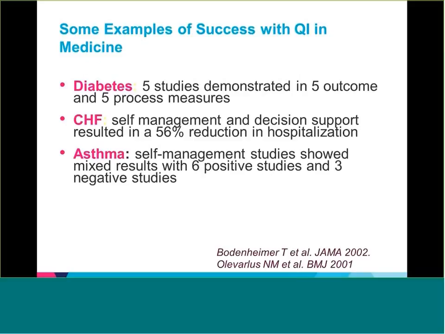So some examples of success using quality indicators in medicine include things like diabetes care, where 5 studies have demonstrated improvement in 5 outcome and 5 process measures, that outcomes for patients could improve over time. In congestive heart failure, self-management and decision support resulted in a 56% reduction in hospitalization.